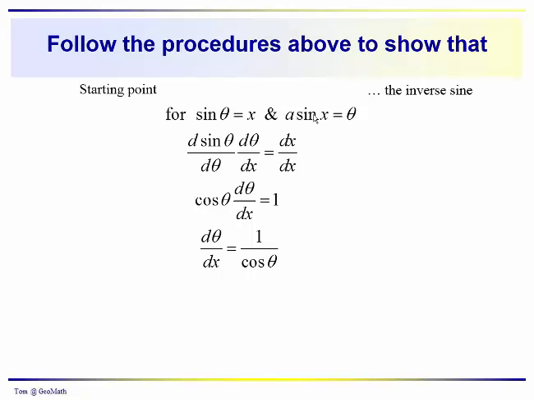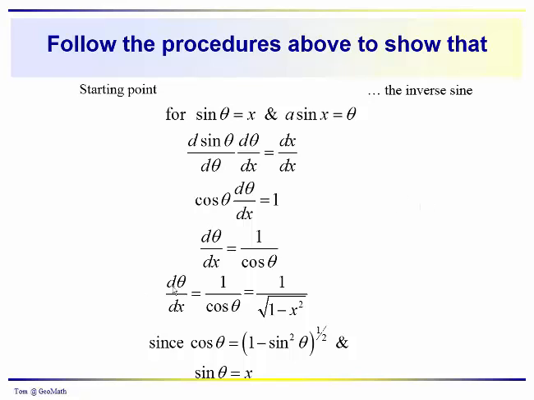Theta is the inverse sine in this case. And then we have dx by dx, which is just 1. So the derivative of the sine of theta with respect to theta is just the cosine of theta. dx by dx is equal to 1. And we have d theta dx is equal to 1 over the cosine of theta.